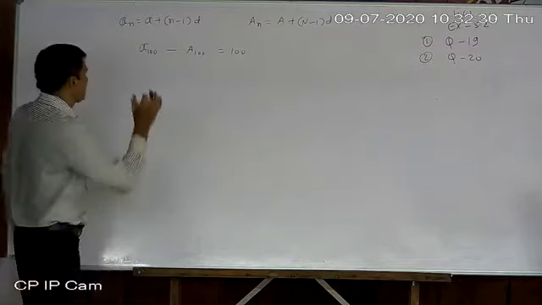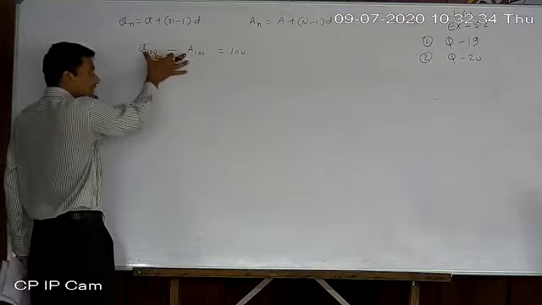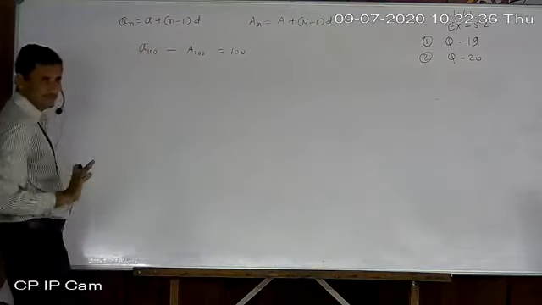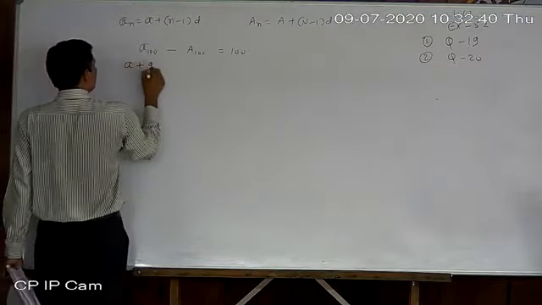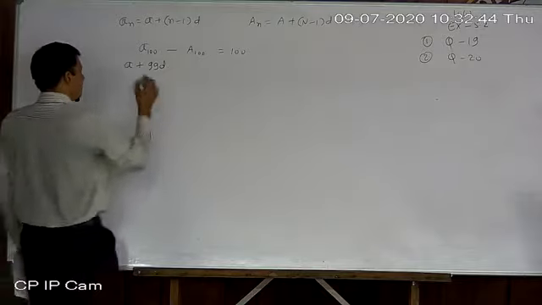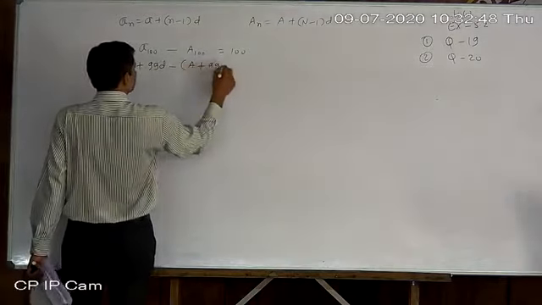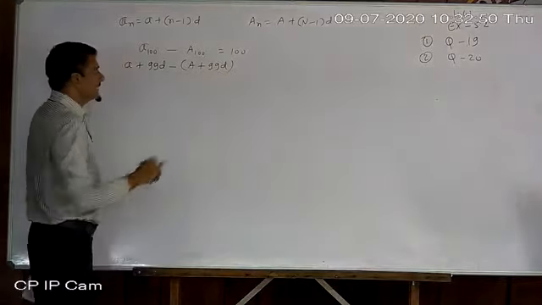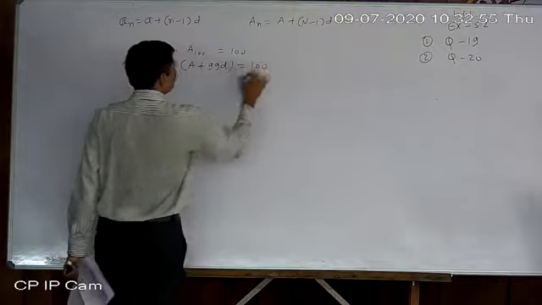The difference between their 100th terms is 100, but two different APs are there, so the symbols are different. Now write down here a plus 99d, here also a plus 99d. Okay, I wrote directly 100 minus 1, 99, is equal to 100.